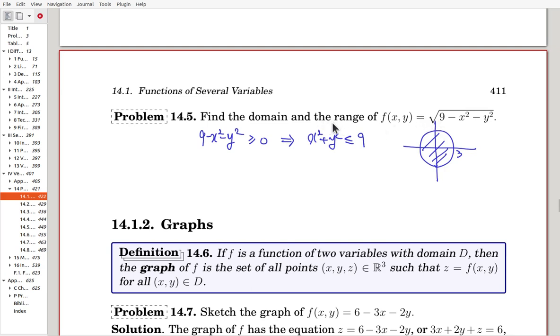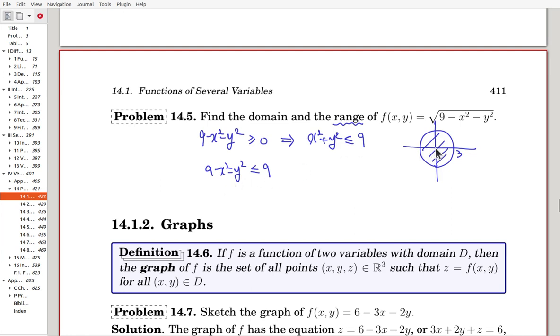Now, to find the range, we have to collect the function values. This one is always non-negative, and in any case, 9 minus x squared minus y squared cannot be larger than 9, so it's bounded by 9. When x and y are 0, the origin, the value is 9.